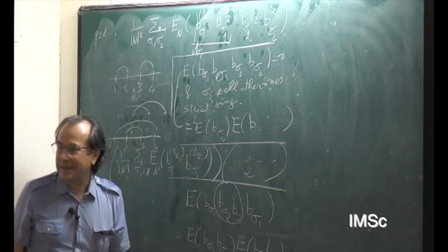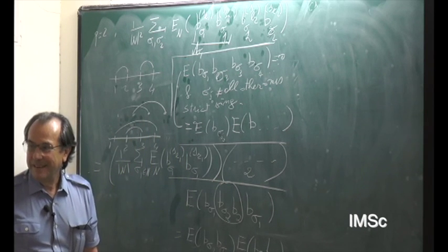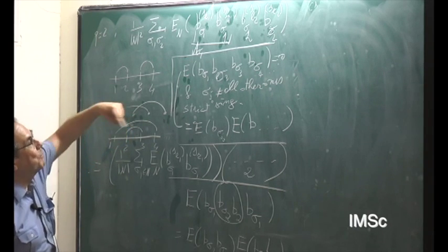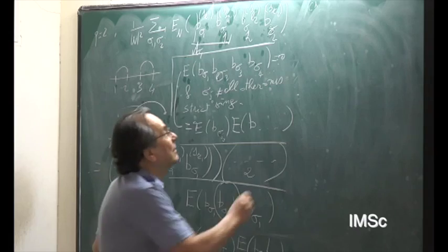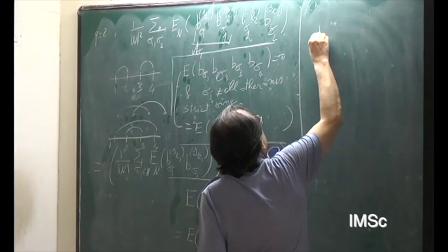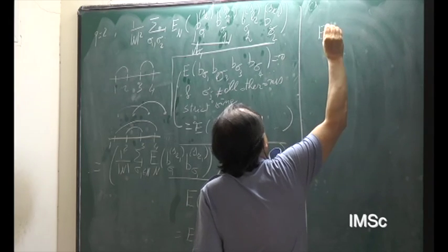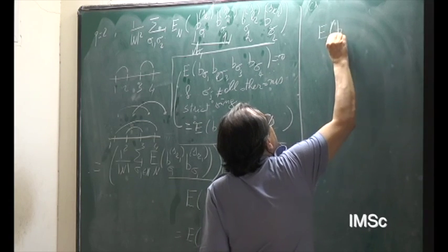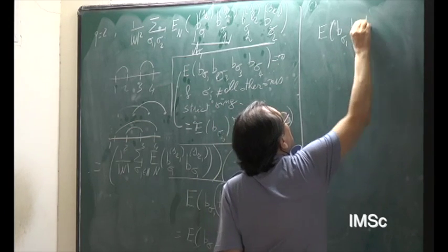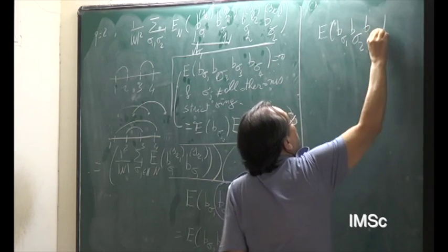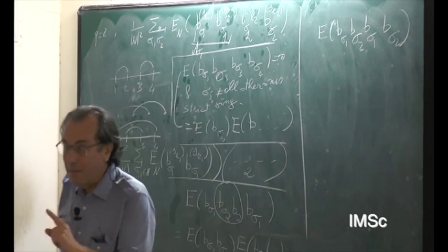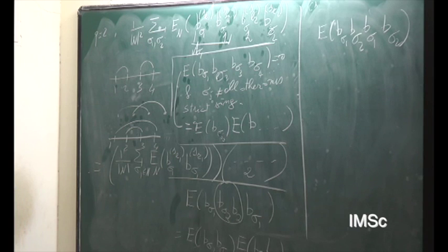Again, factorize. Okay? But suppose now you are in the previous situation, the totally entangled one. The totally entangled one means I have E, B sigma 1, B sigma 2, B sigma 1, B sigma 2, and sigma 1 is different from sigma 2.